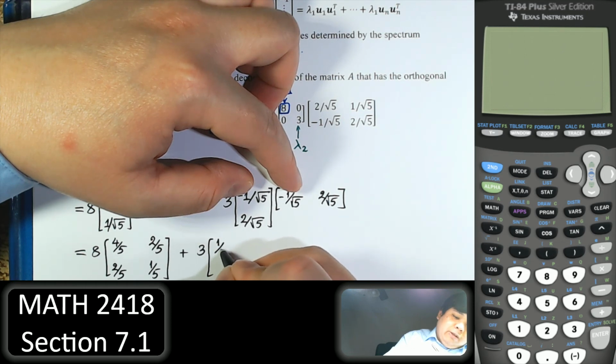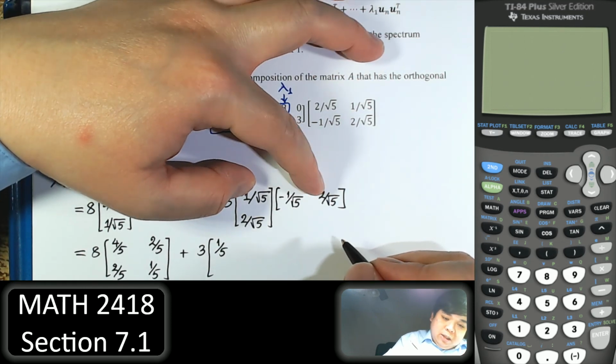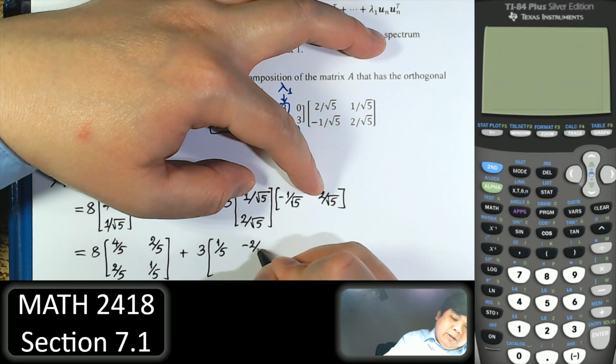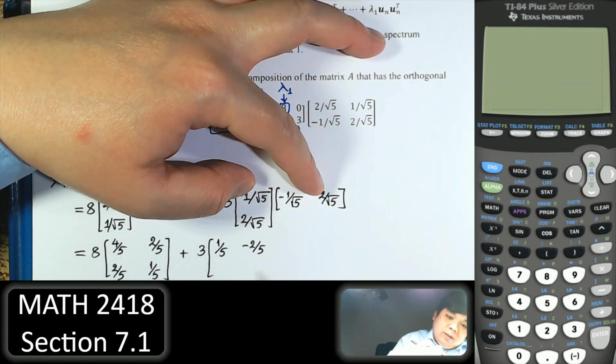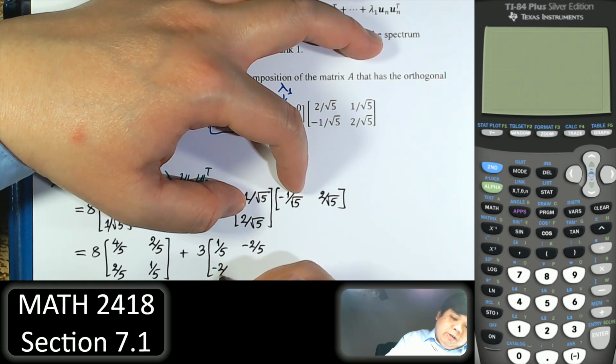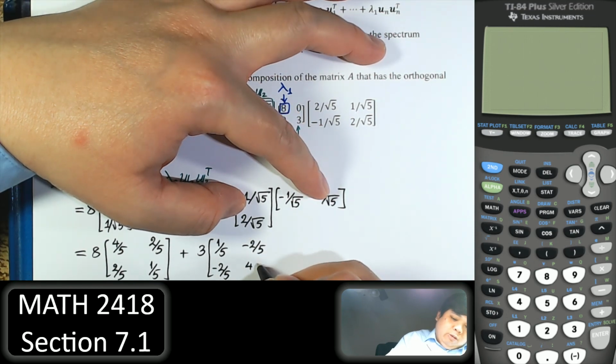Then 1 over 5, negative 2 over 5, negative 2 over 5, and 4 over 5.